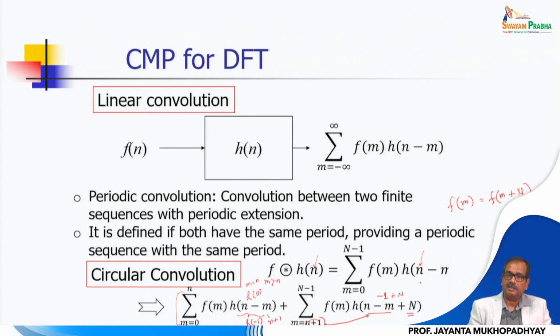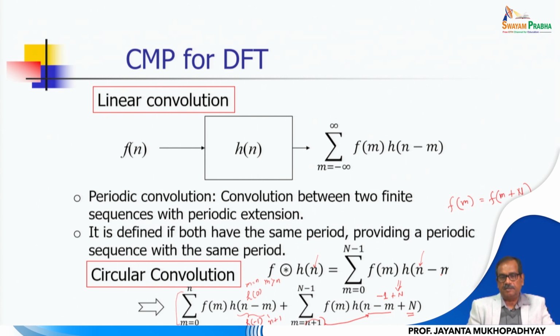Functional definition remains intact. This is the trick that we are using in this expression, because as we go on increasing m, these values will be decreasing from n minus 1 towards the value n. This is how this convolution equivalent computation looks, and this expression is called circular convolution.